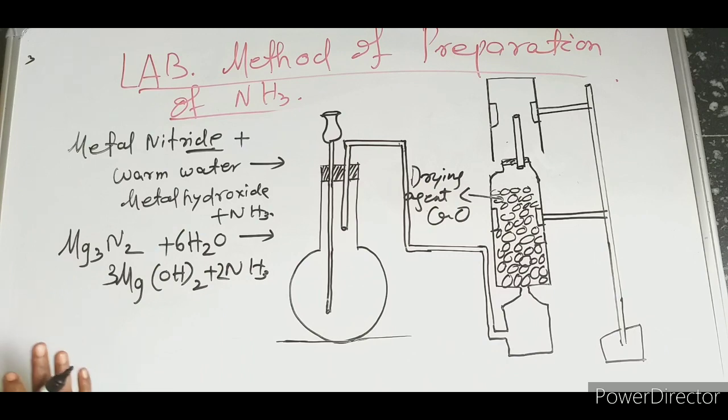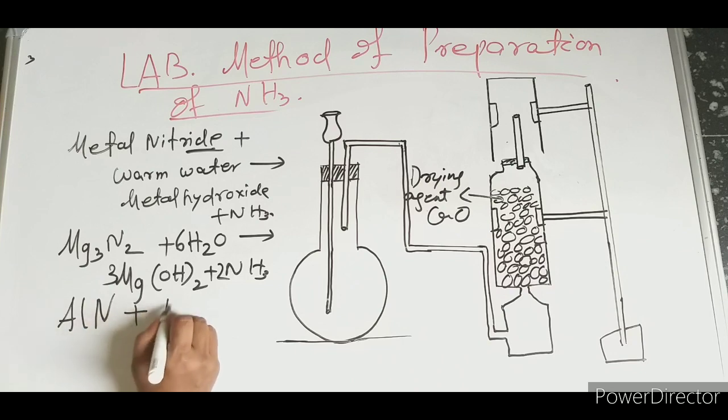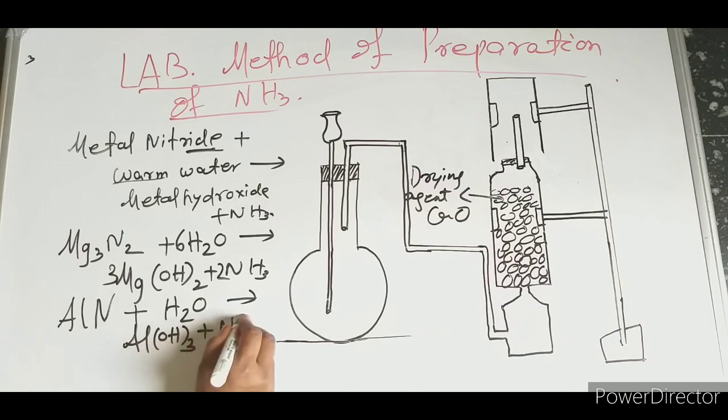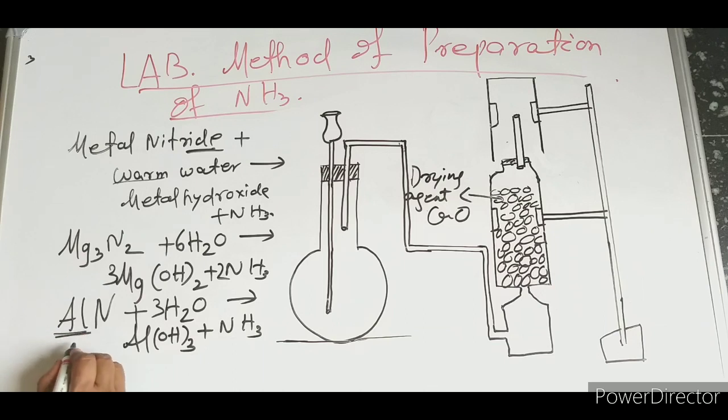Now another one: aluminium nitride along with warm water gives rise to aluminium hydroxide along with ammonia. Why I am telling this: usually this question comes, write the balanced chemical equation when a trivalent metal nitride reacts with warm water.